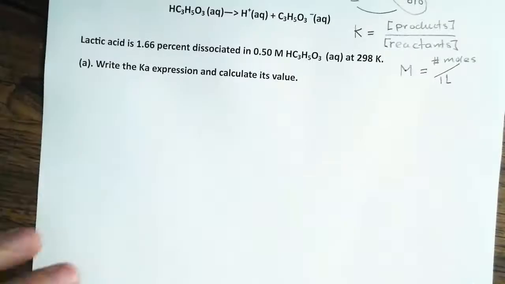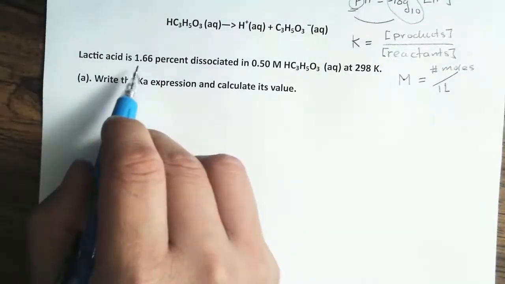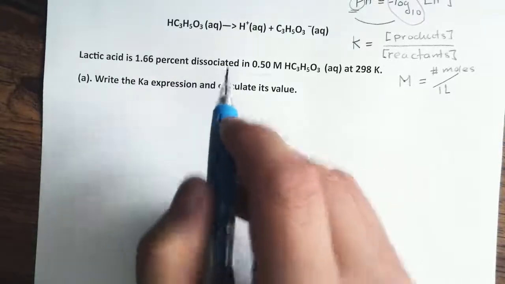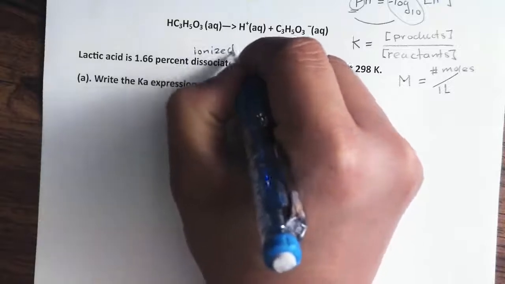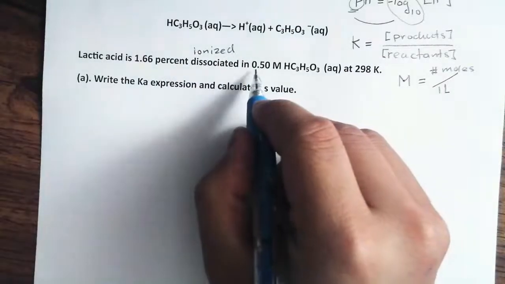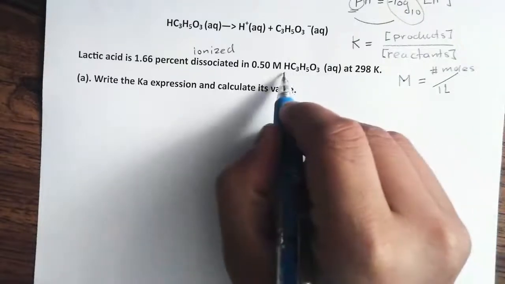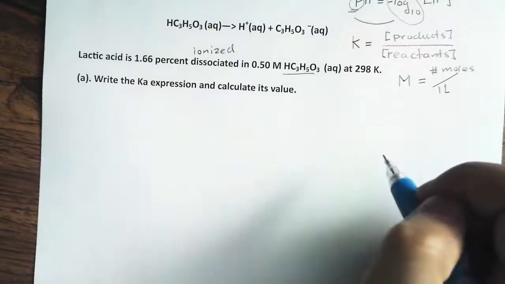For example, we have lactic acid that is 1.6% dissociated, or in another term ionized, in water in a 0.5 molarity solution, at 298 Kelvin.